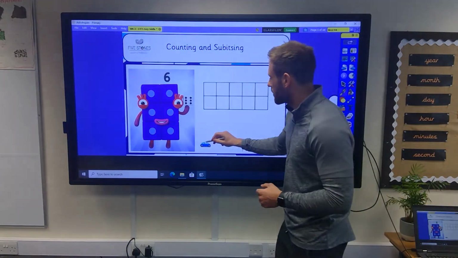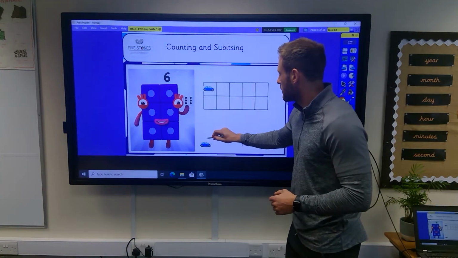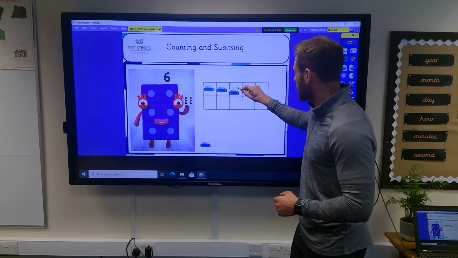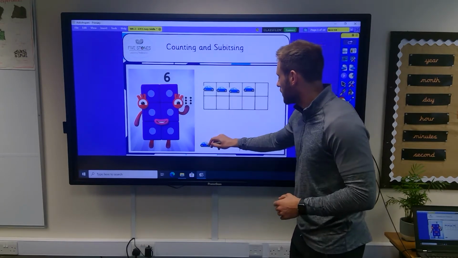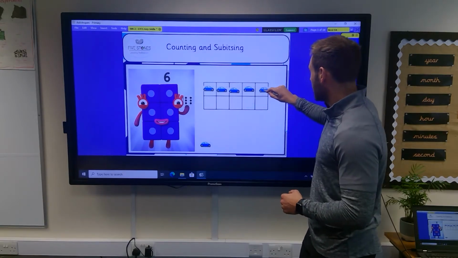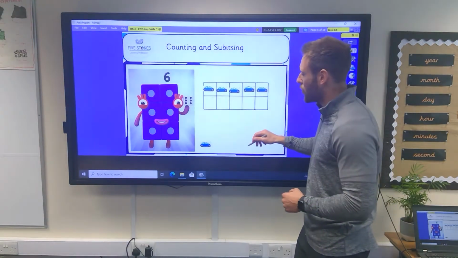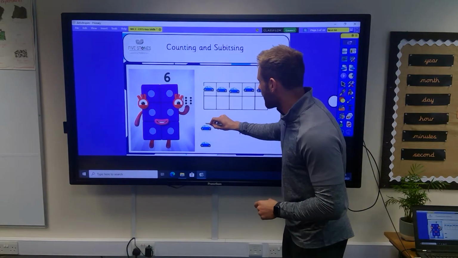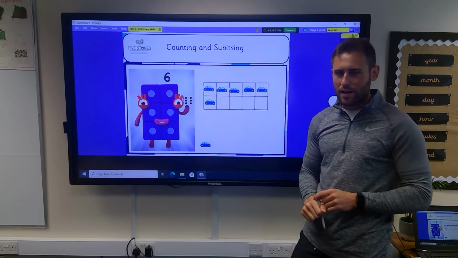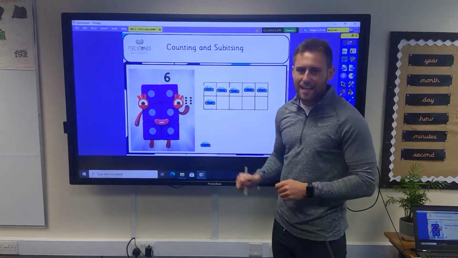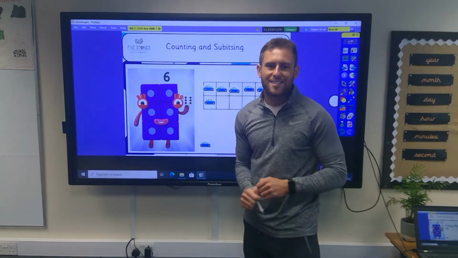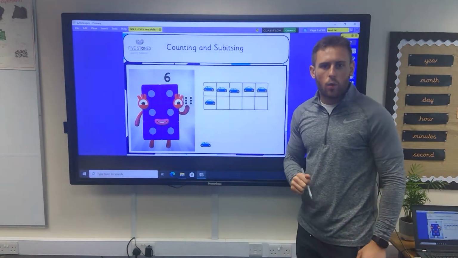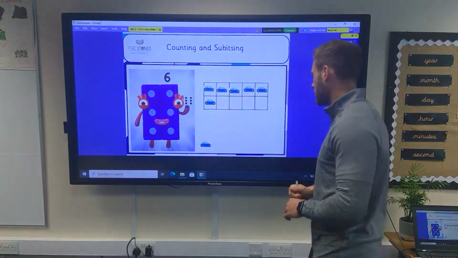Count out loud. 1, 2, 3, 4, 5. Am I done? No. How many do I need? One more. 5, 6. Brilliant. So we have 6 cars, just like our number blocks character 6. So well done if you managed to help me with that. Good work.